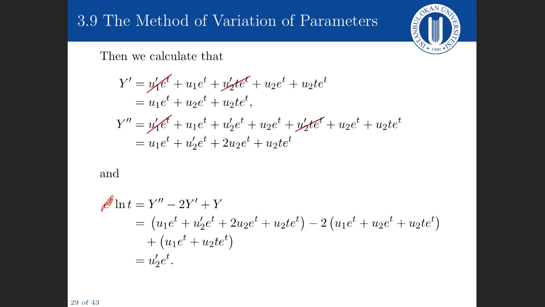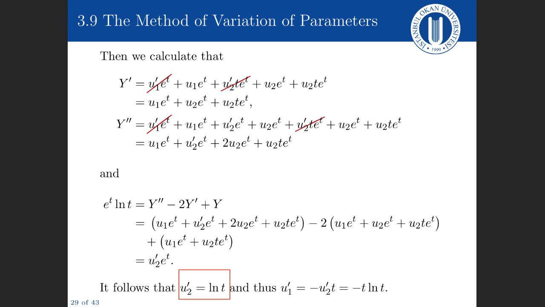We could cancel the e to the power t's out, and we find that u2 prime must be ln t. Great. u2 prime must be ln t.